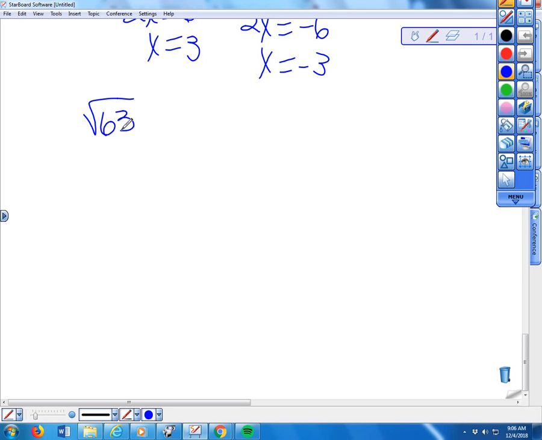There are other factors of this number that don't have perfect squares. Those are perfectly fine, but if you're trying to simplify, those aren't going to help you. So 9 and 7 is how that breaks down. And the square root of 9 is 3.